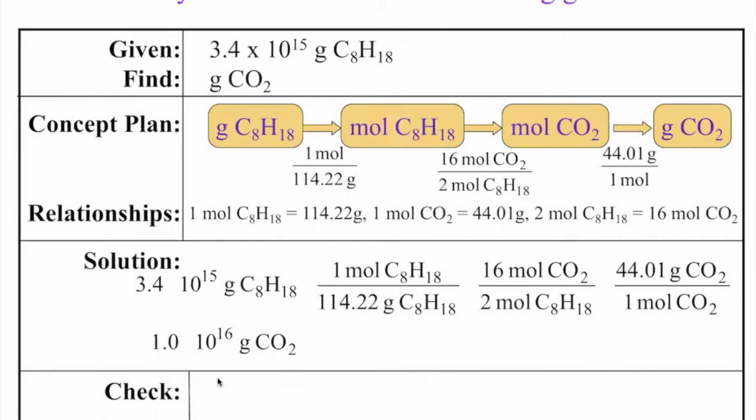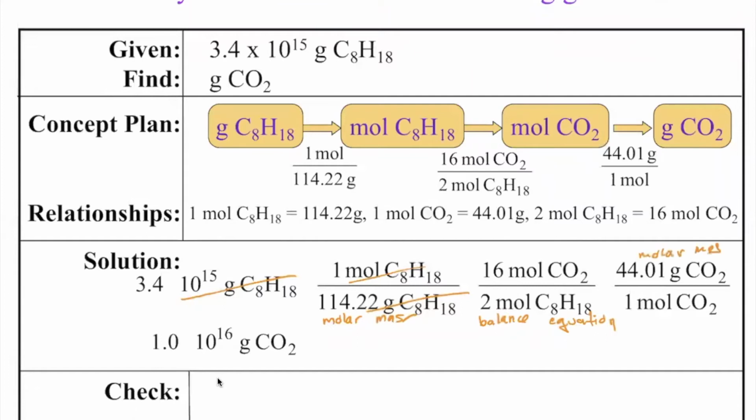Notice that we started with the grams of octane that was given. This is the molar mass. And 1 mole, notice how I cancel my grams. This comes from the balance equation. And the 44.01 is the molar mass.